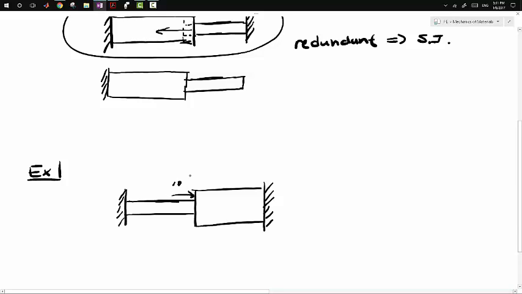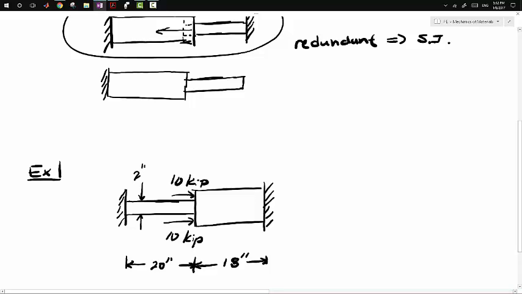We had a 10 kip force there and a 10 kip force there. The length of this is 20 inches. The length of this is 18 inches. And the diameter of this is 2 inches. The diameter of this is 3 inches.